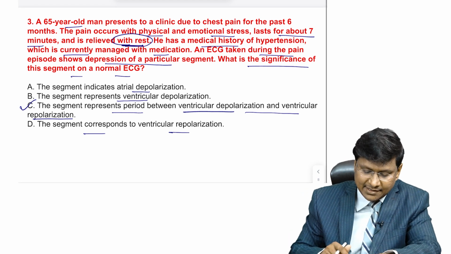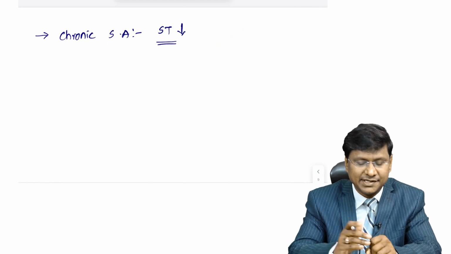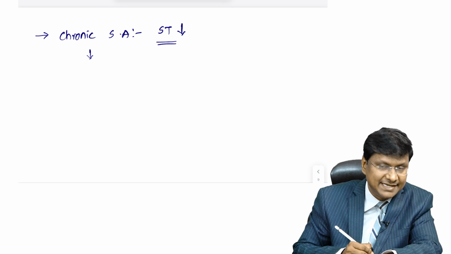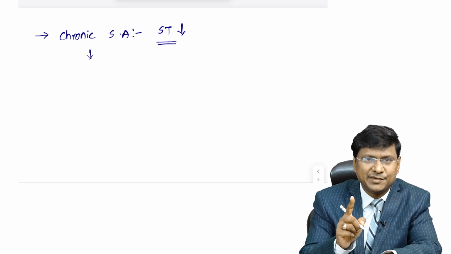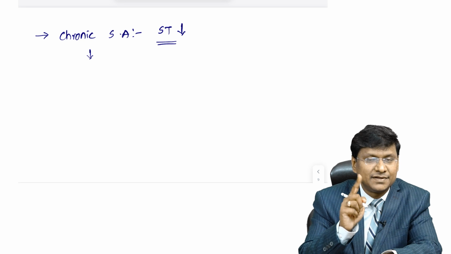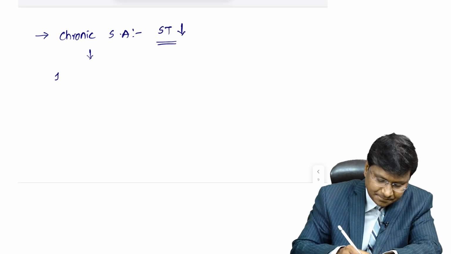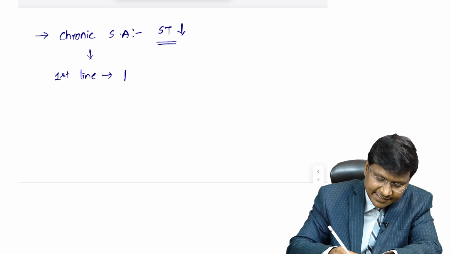The next important point you need to know is, in patients with chronic stable angina, the pain will last for less than 10 to 15 minutes, and you need to be aware of the treatment. What is the first line drug? In patients with chronic stable angina, you need to give beta blockers.